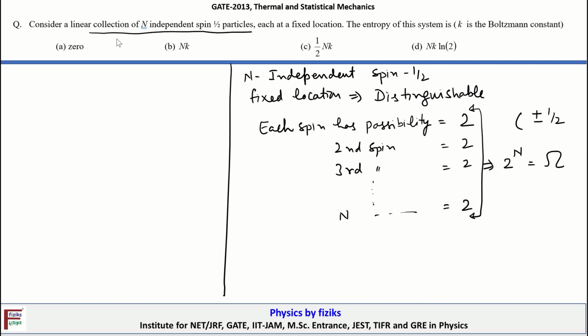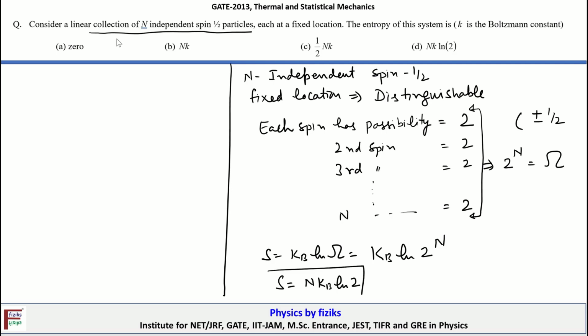So the entropy for this system, by making use of the Boltzmann definition of entropy, S is equal to Kb ln omega, that is equal to Kb ln 2 power n. So S is equal to n Kb ln 2. That's the answer.